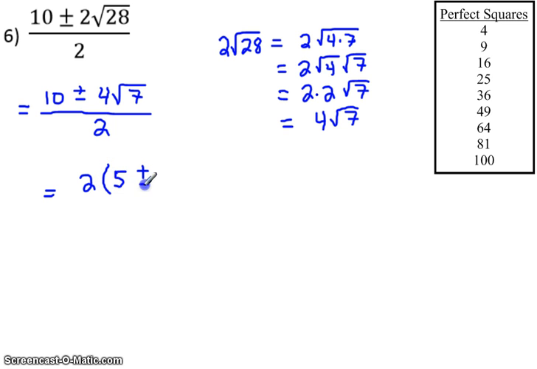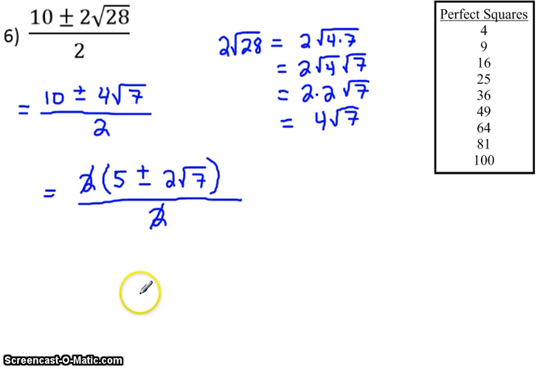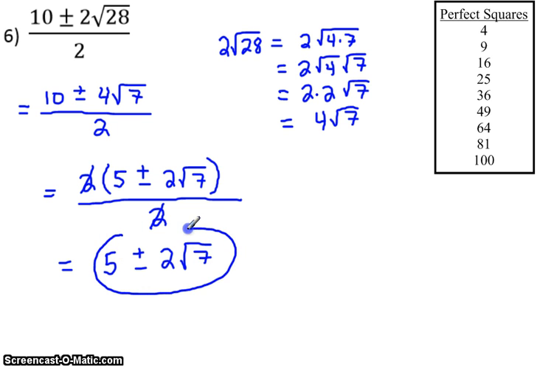I got a plus or minus. 2 times what gives me 4 radical 7? That would be 2 radical 7. And this is all over 2. Now I can cancel out this 2 and this 2. So my final answer is 5 plus or minus 2 radical 7. And we can't do any more with that.